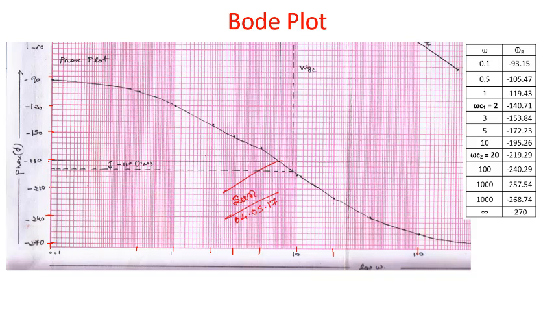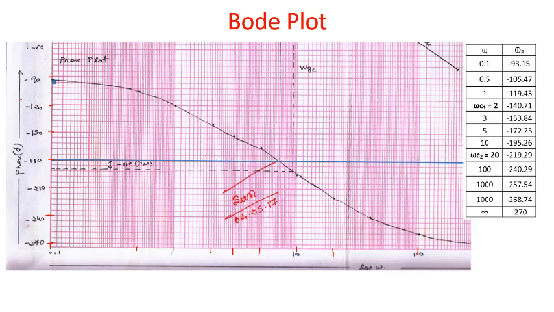So next we need an important line, that is the minus 180 degree line. Draw the minus 180 degree line from left to right. Then for each value of omega, that is 0.1, 0.5, identify this is 0.1, this is 0.5, this is 1, this is 2, this is 3, this is 5, this is 10, this is 20, this is 100, and so on. Identify for each corresponding omega value, put the phase angle points.